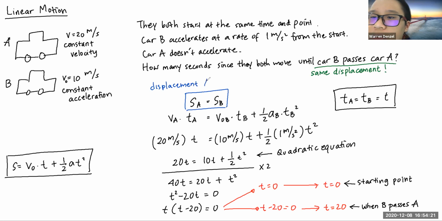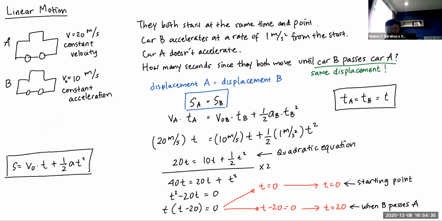The displacement of A is equal to the displacement of B. And at the start, displacement of A is 0 and displacement of B is also 0. That's why we get two answers. So at two points in time, the two cars are at the same point: at the start and when t is equal to 20.